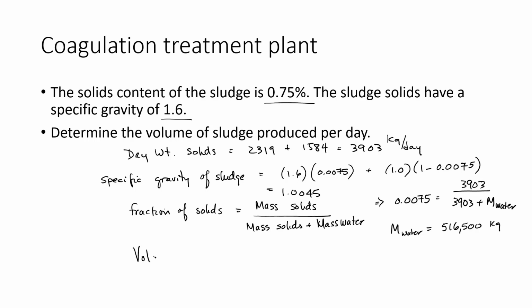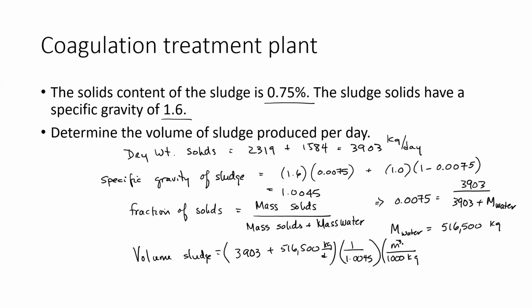So then the volume of sludge is equal to the mass of our solids plus the mass of the water, in kilograms per day, times 1 over the specific gravity times the density of water.